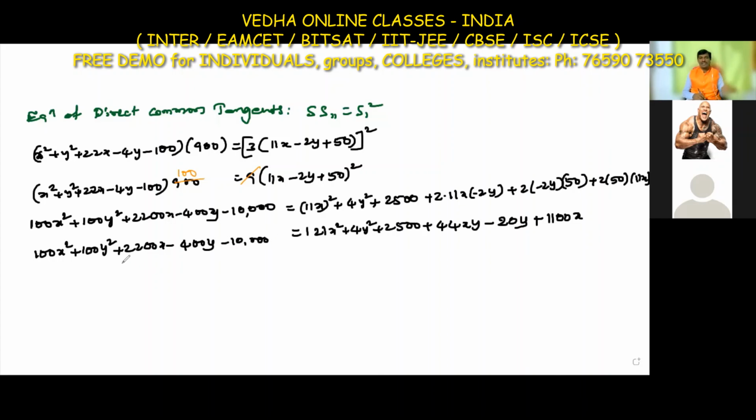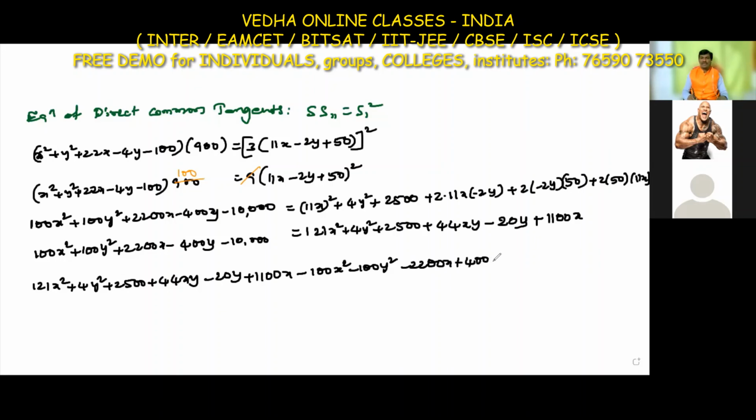Send all these left side terms to the right side: 121x square plus 4y square plus 2500 plus 44xy minus 20y plus 1100x minus 100x square minus 100y square minus 2200x plus 400y plus 10,000, equal to 0.